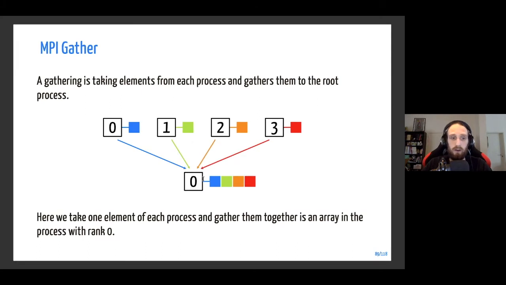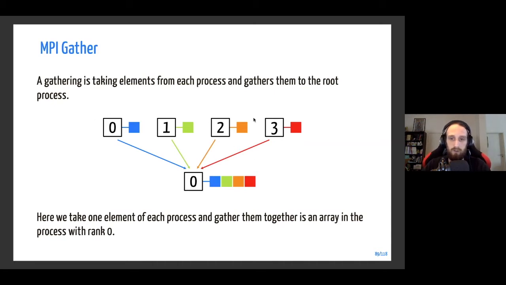The opposite of a scatter is a gather. So here we have a different piece of data located on each of the processes, and we want to gather them in one array on the root.